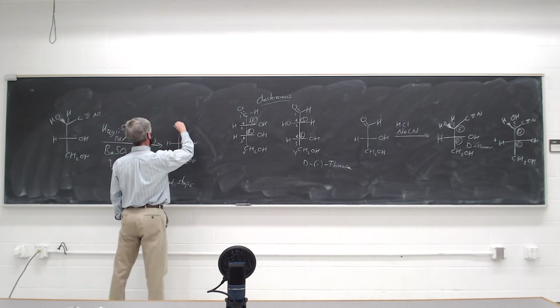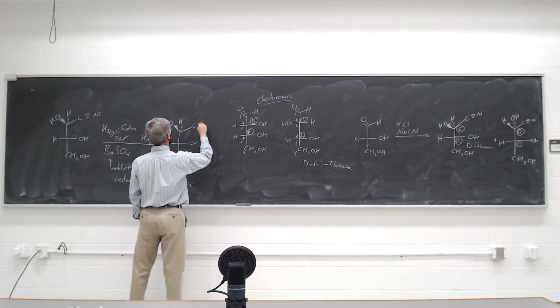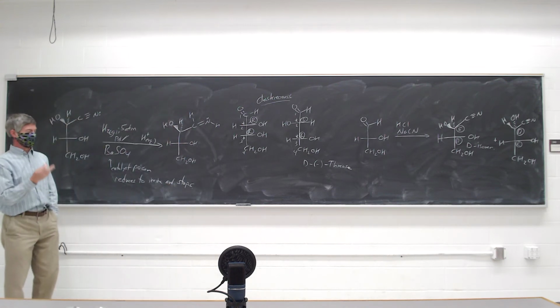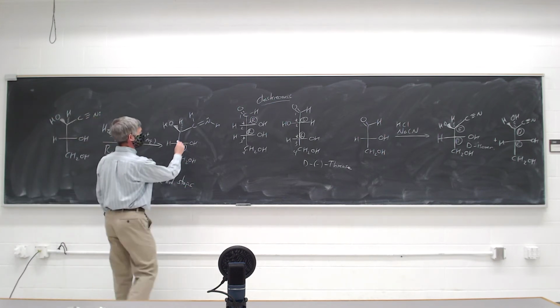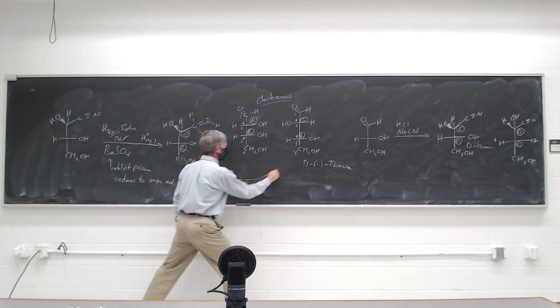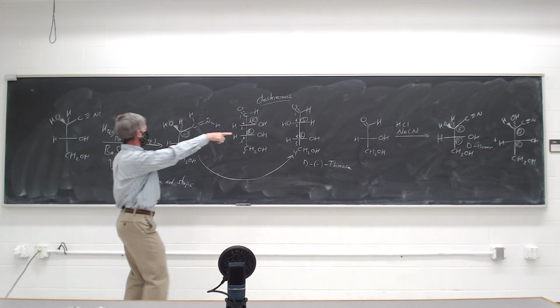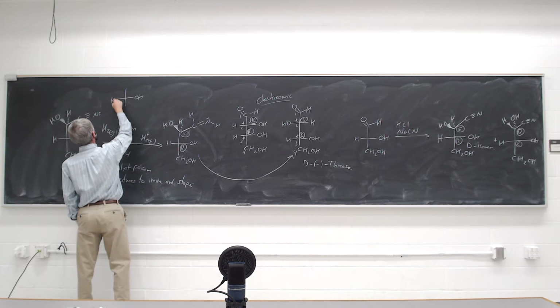So it'll actually go through this intermediate, and then hydrolysis of that imine will generate the sugar. So that'll make the threose, and then the other one, treated the same way, will make the erythrose.